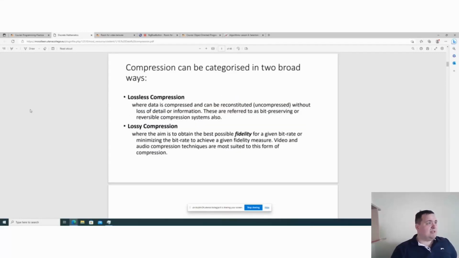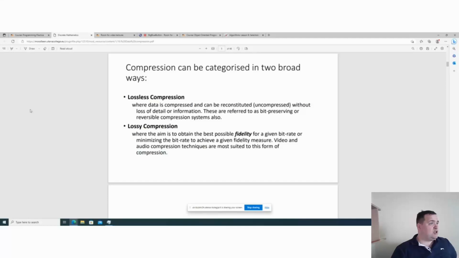Regarding two main aspects of compression, there are two ways to compress data. We can compress data and restore the original information, like when we use archivers like 7zip or WinRAR, and that is lossless compression. Lossy compression is used for cases when it's impossible to restore the original information.